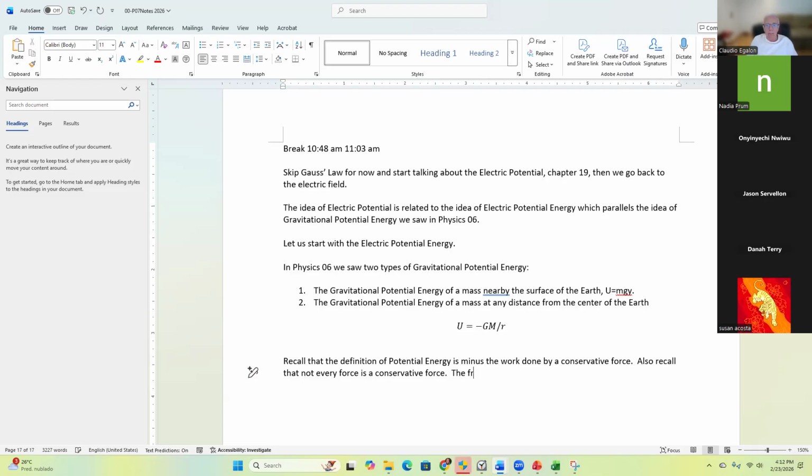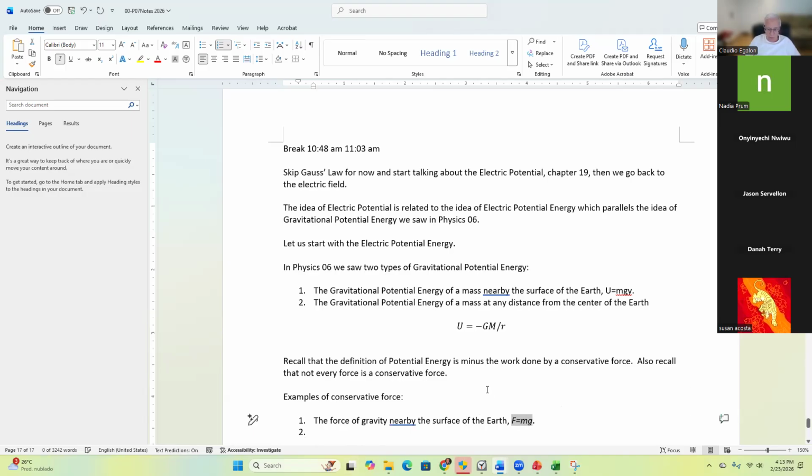Examples of conservative forces. We saw in physics 6 that the force of gravity nearby the surface of the Earth, given by mg, is a conservative force.